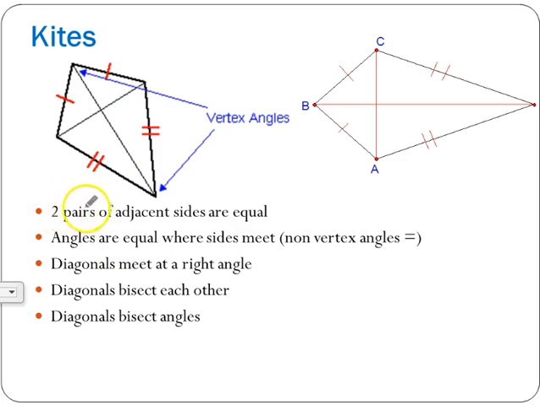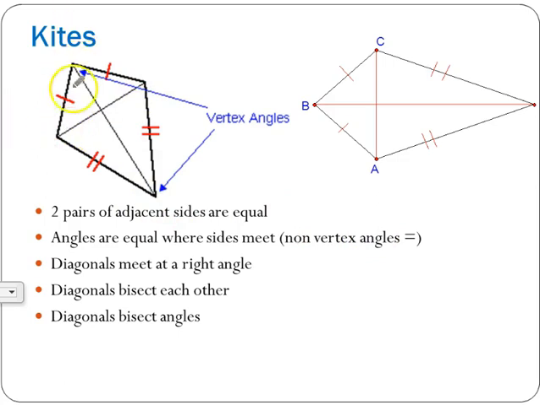You're going to have two pairs of adjacent sides that are equal. So two pairs of adjacent, so not opposite anymore, because if we look at the opposite sides of kites, they're not equal, but the adjacent sides will be. So you're going to have two sets of adjacent sides that are equal. The angles are equal where the sides meet, so the non-vertex angles.